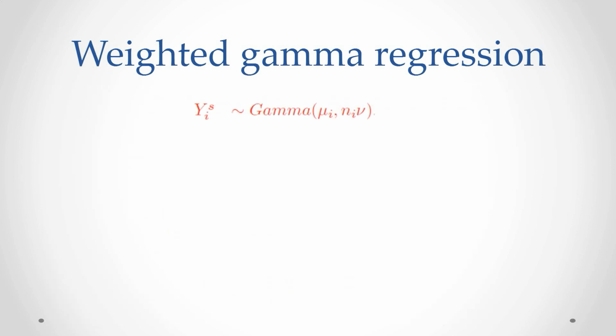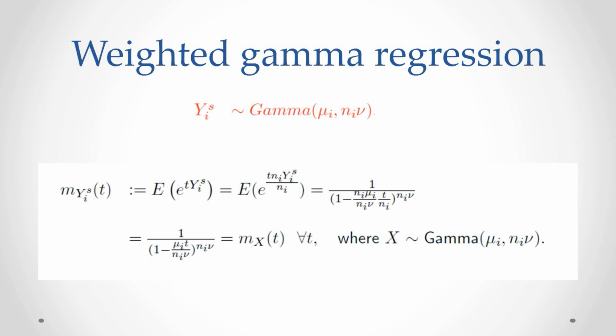Since Yi star follows gamma, mu i and scale factor ni into mu, using the additivity property of the gamma distribution, which can easily be shown by looking at the corresponding moment generating function, it is possible to show this result. Thus, we need to introduce weights for a gamma regression for Yi stars. Since expectation of Yi stars is equal to mu i, the EDA and the diagnostics for the regression, however, are similar to that of the unweighted case.